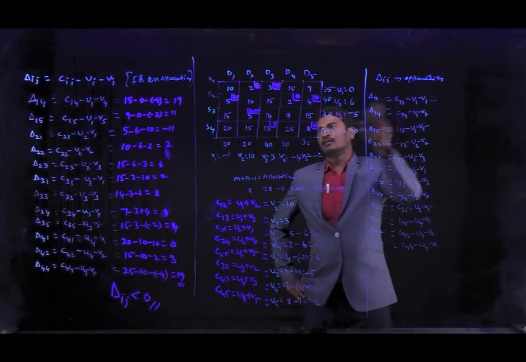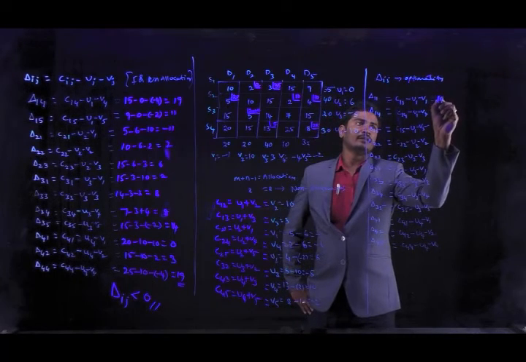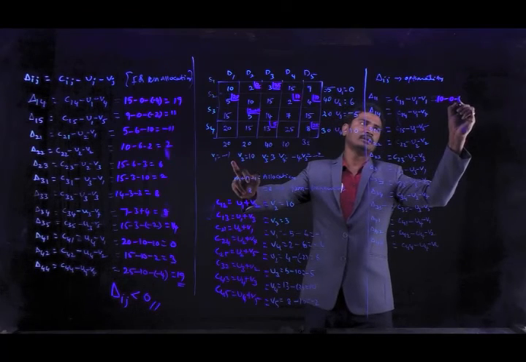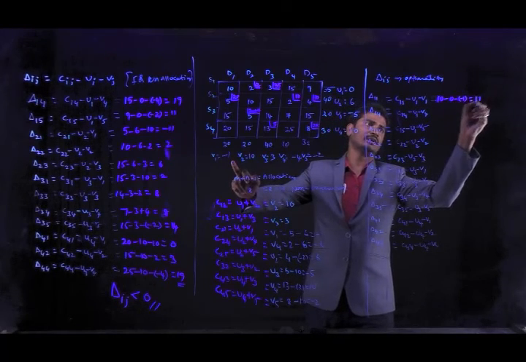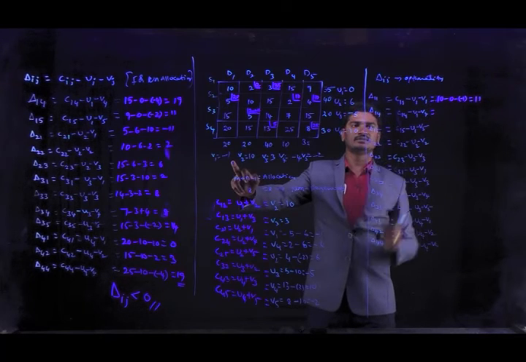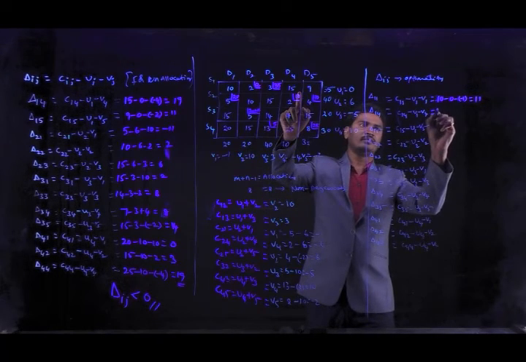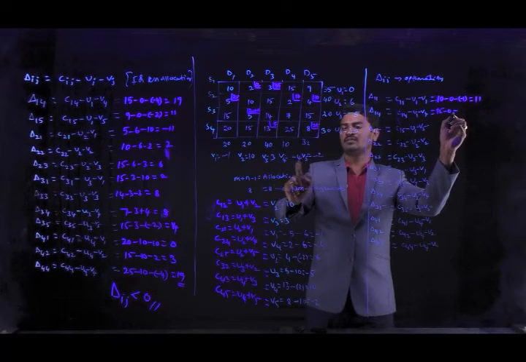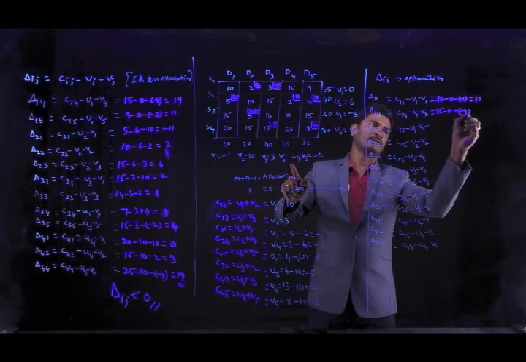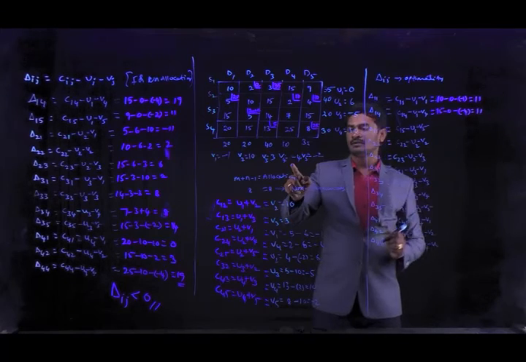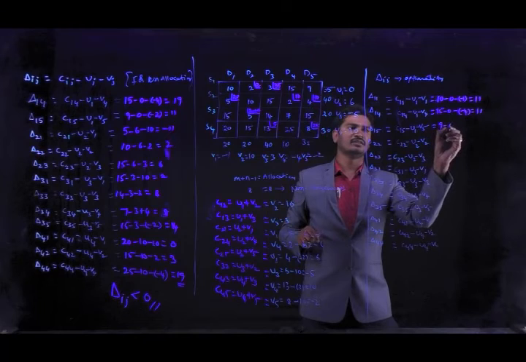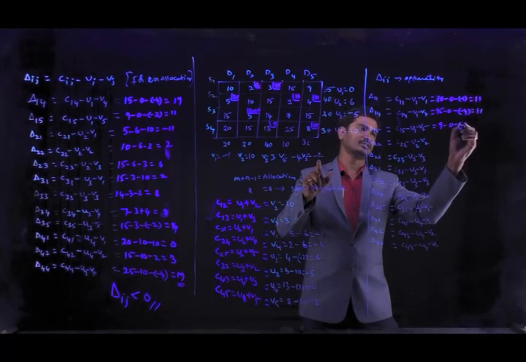At C11, 10 is there: 10 minus U1, which is 0, minus V1, which is minus 1. From this we get 11. Okay, next C14: 15 minus U1 0 minus V4, which is minus 4, is equal to 11. Next C15: 9 minus U1, which is 0, and V5 is minus 2.